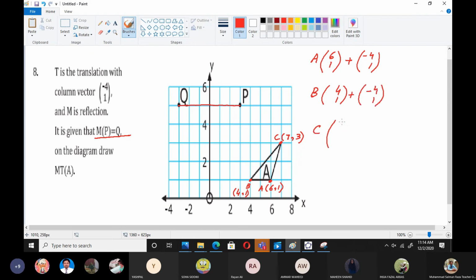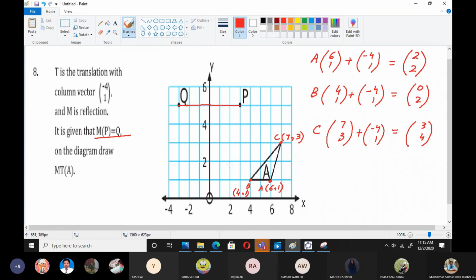And C is 7 and 3, and I'm going to add minus 4 and 1. Life becomes very easy when things are provided in a decent way. 6 minus 4 is 2, and 1 plus 1 is 2 as well. This is going to be 0 and 2, and this is going to be 3 and 4. And I've got my things over here.